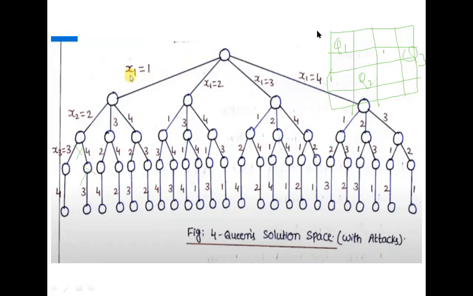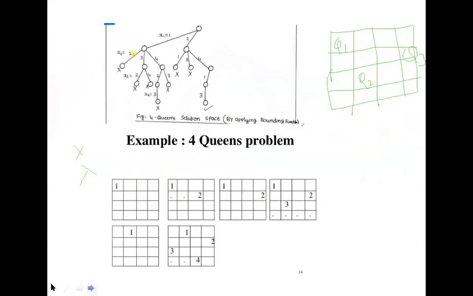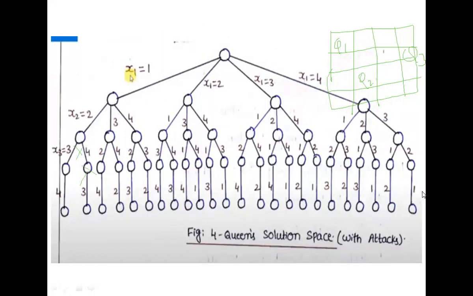So in this way, you have to construct the solution tree or state space tree for the given problem. Okay, so see the solution here. When you construct the solution, you just don't draw all these things.